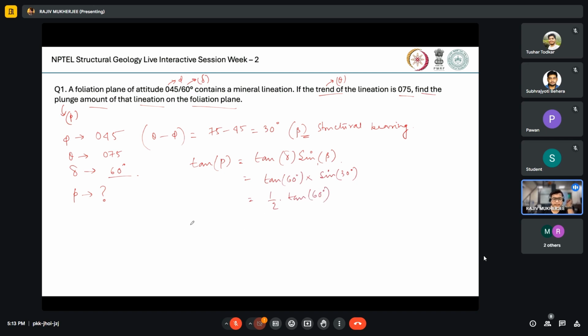So then you can find the plunge amount. P is equal to tan inverse of half times tan of 60 degree. So now you solve this problem and tell me what is the value of P here.